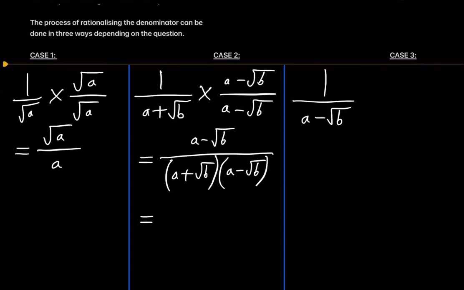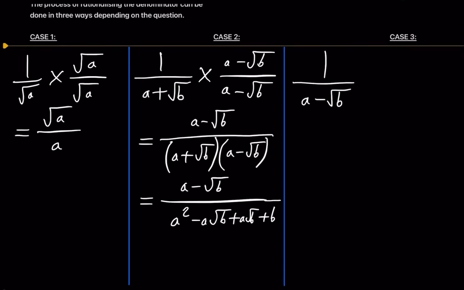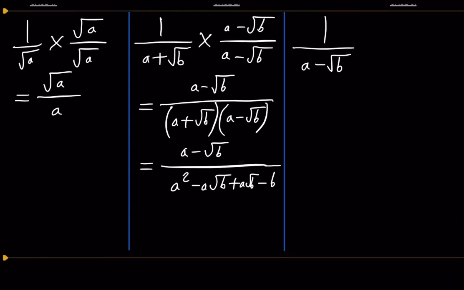So when we expand the denominator, we obtain a minus root b all divided by a squared, because a times a is a squared, minus a root b plus a root b plus b, because root b times negative root b is just negative b.